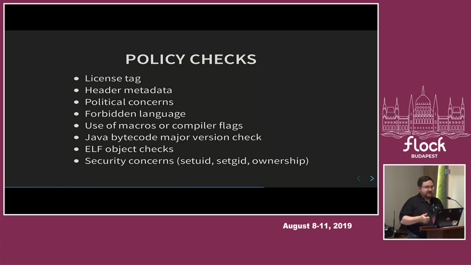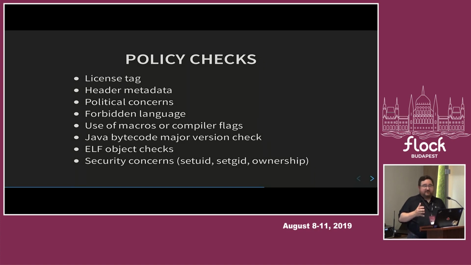So the political check has a whitelist for allowed files that would otherwise trigger a warning. An example might be the flag of Taiwan being included in the release, and we ship it to China. China doesn't like the flag of Taiwan for various reasons. So this is a thing that Red Hat has to be concerned about. It might not necessarily apply verbatim to Fedora, but there could be other things.